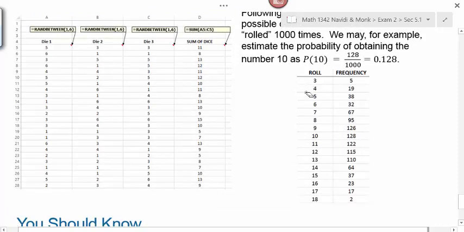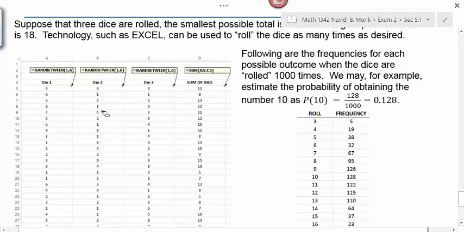So any number between 3 and 18 is a possibility for rolling a sum or a total whenever I roll 3 dice. Notice, in this simulation result from Excel, they did a list of 1,000 numbers for dice 1, 2, and 3. Each one of these columns was generated randomly, and then for this fourth column they just said, let's add up the numbers that we got from our roll.